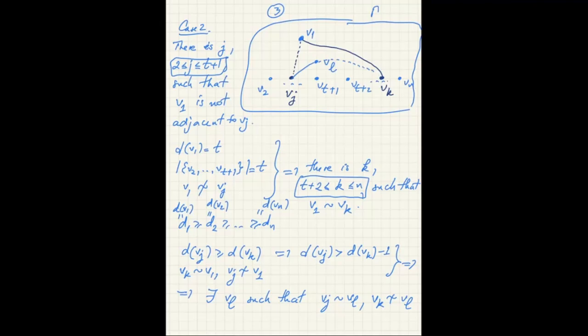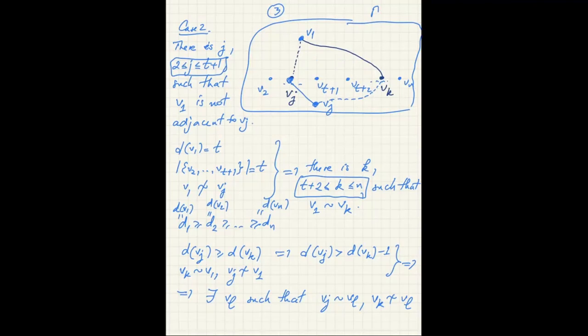Okay, maybe I'll draw it the other way around. That's some vertex Vj. We have an edge here, but we don't have an edge here. So informally again, Vj has at least as many neighbors as Vk.